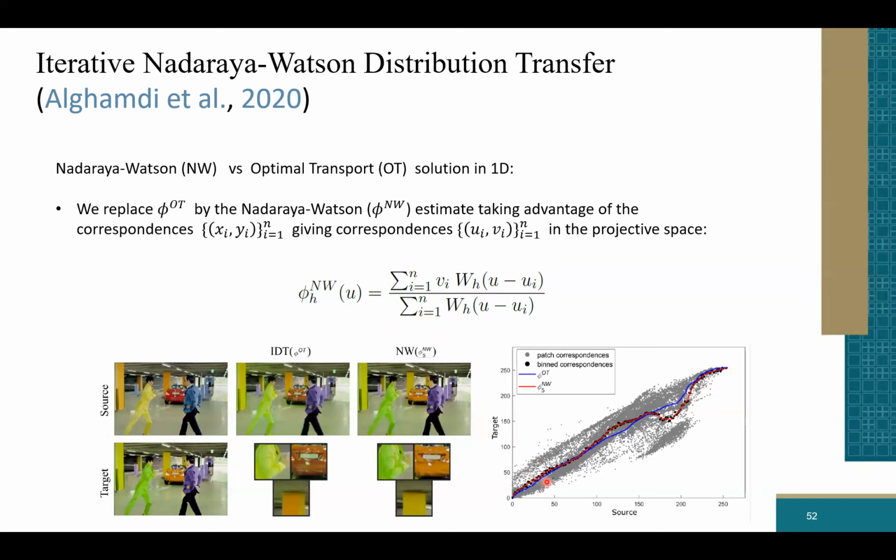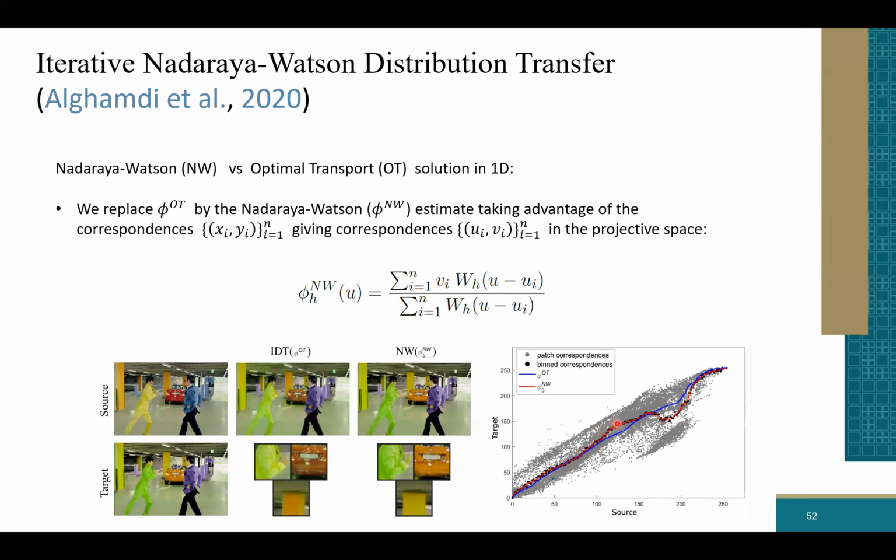This figure compares optimal transport and Nadaraya-Watson, estimated as part of one iteration of our algorithm. We can see the optimal transport, the blue line, is increasing by definition and doesn't take into account any correspondences.